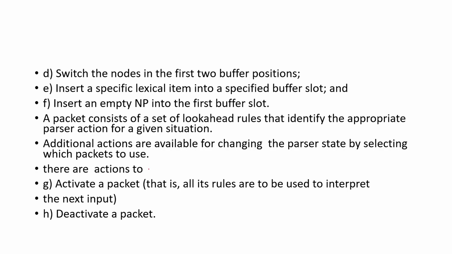Now another important thing to understand is the concept of a packet. Okay, a packet consists of a set of look ahead rules. So the rules identify the appropriate parser action for a given situation, and at the same time additional actions are available for changing the parse state.